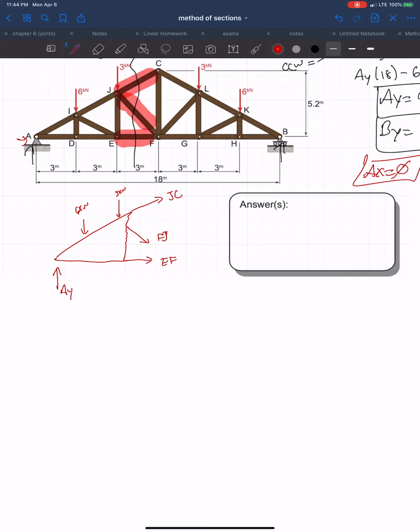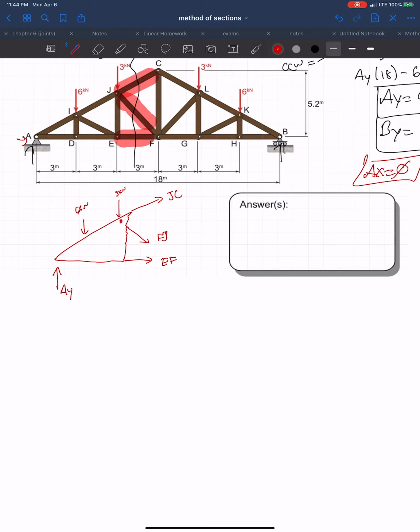So let's see, we can try to do sum of forces in the X, but that won't work. We have too many unknowns. In the Y, we have too many unknowns. Okay, well, we have to take a moment somewhere, and we have to try to cancel as many forces as we can. So I think we are actually going to take a moment at J. Yeah, so J is right here.